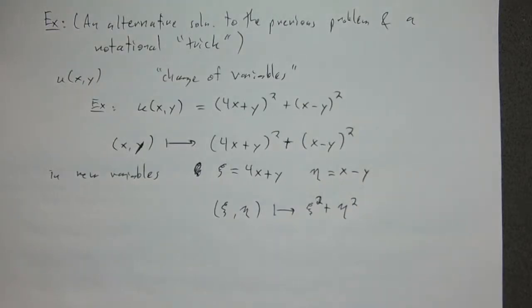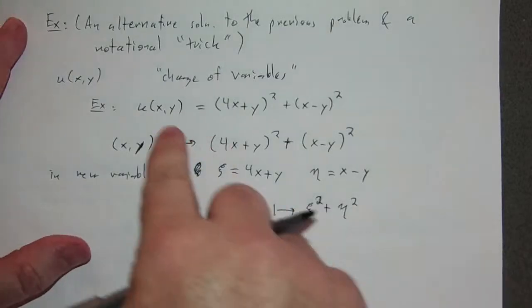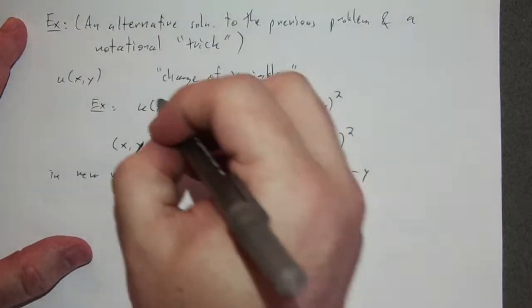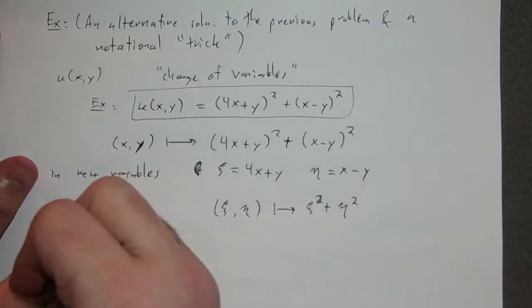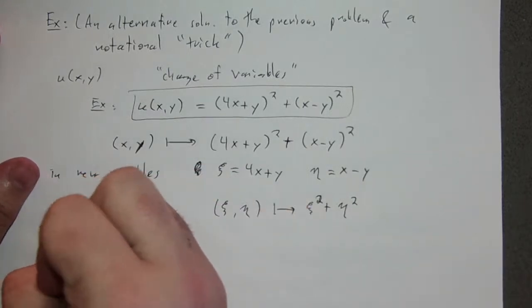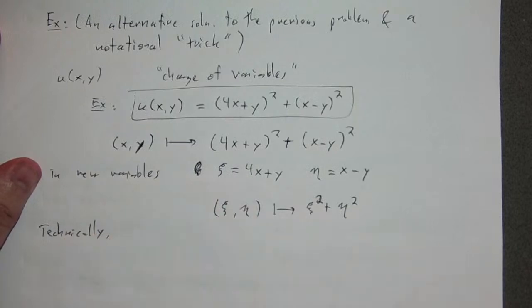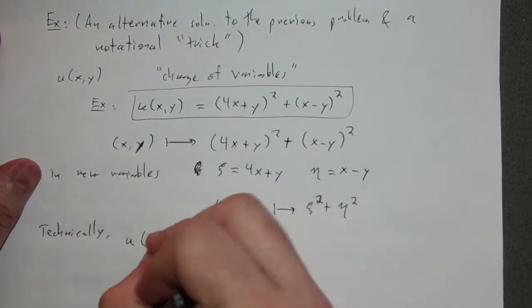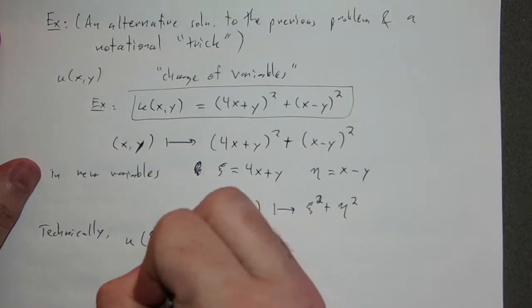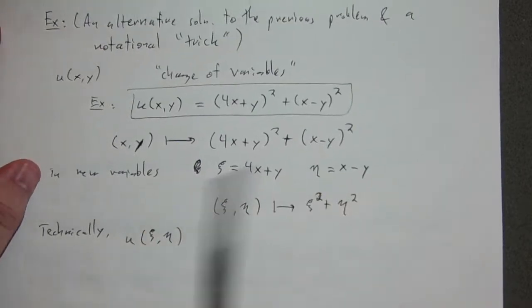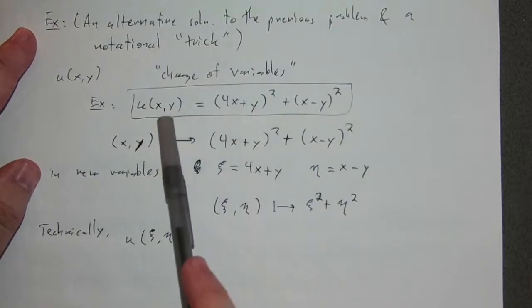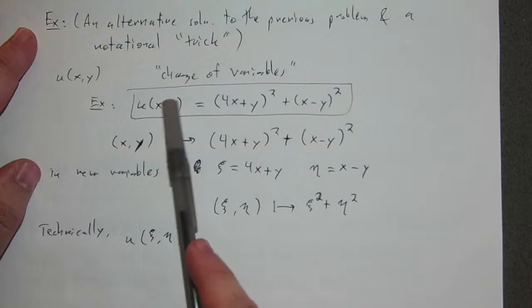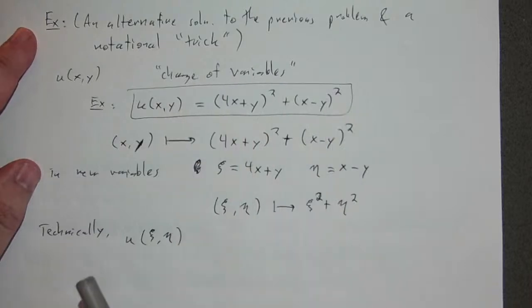Now, here's the thing, right? If we have defined u to be this thing, then technically, if I write u of xi and eta, since u of x, y is this thing, and x and y here are variables, so it doesn't matter what I plug in there, it follows this form.